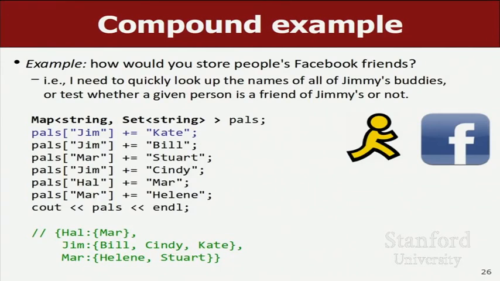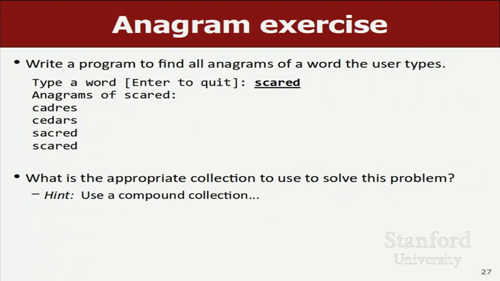So it's a mapping from people's names to the set of names of all their friends. And so this piece of code creates that structure, and it stores data such that Hal's friends with Mar, Jim's friends with those three people, and Mar is friends with Helen and Stuart. It's pretty powerful, that idea. Now, an example of where you could use it would be to find anagrams of a word.